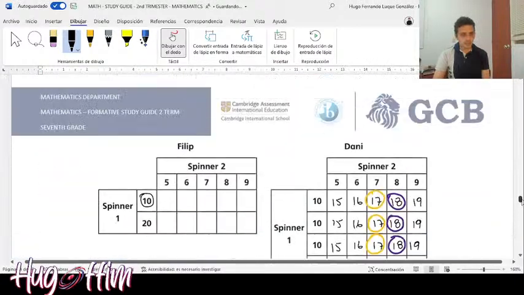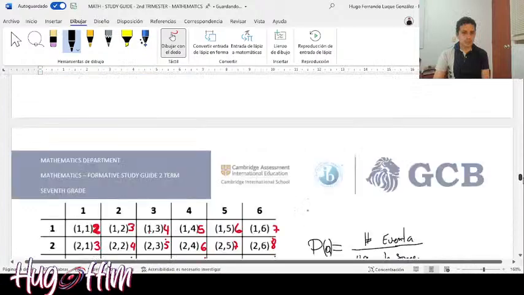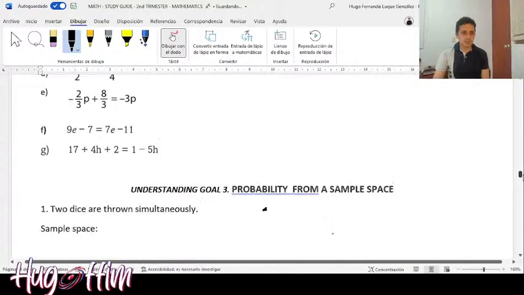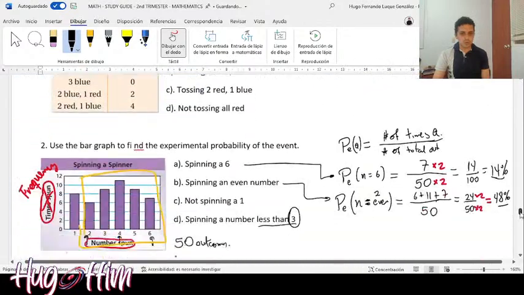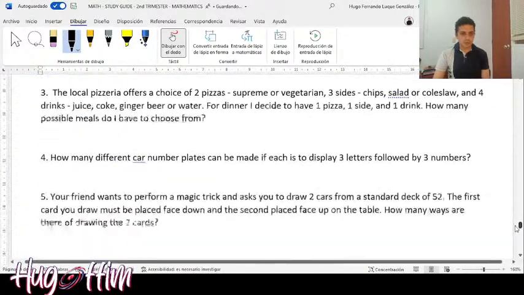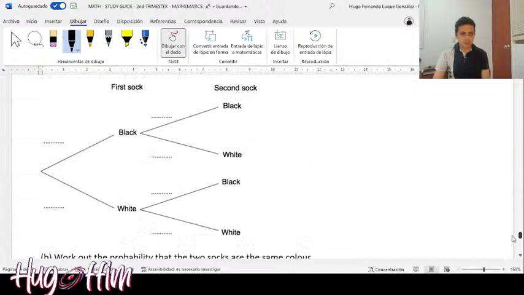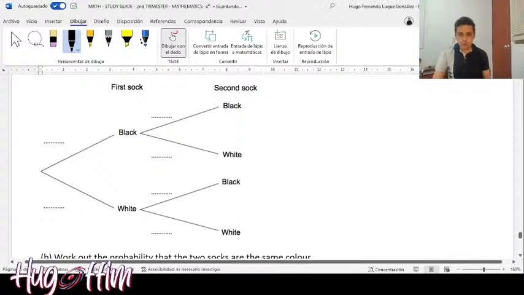It should be in some place here. I think it's this one. Let me check. Give me a second. No, it's not this one. It's shirts.